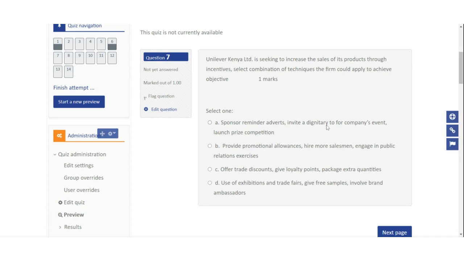Dignitaries, this is publicity. Launching price competition is a sales incentive, but you want all of them to be sales incentives. So that choice is wrong.